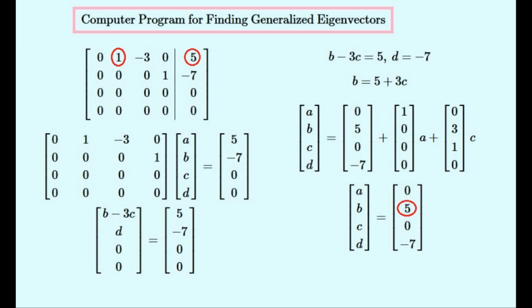You can easily see that the leading one in the matrix that corresponds to the number 5 in the right-hand column of the augmented matrix corresponds to the second column of this same matrix, and since B is the second variable in the solution matrix, then the second row in the solution vector is set to be 5. And similarly for the number 7 being placed in the fourth row of this vector. So this gives us a clever trick to find the generalized eigenvector from this system of equations.